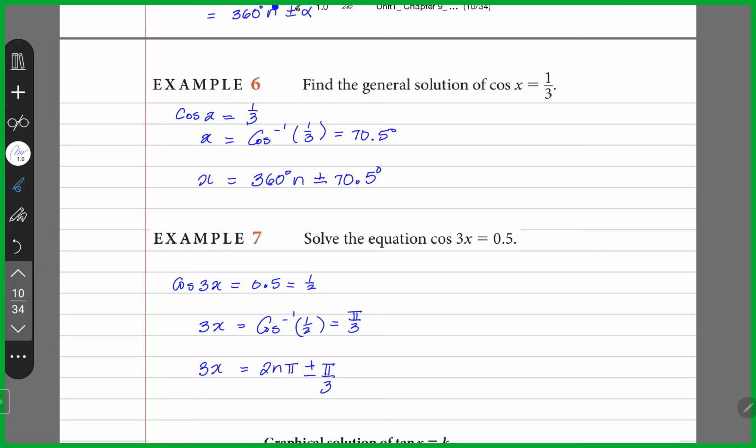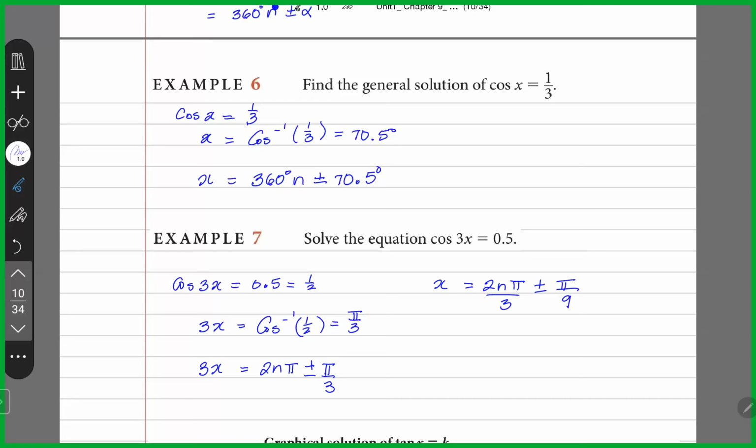But we don't want the general solution for 3x. What we want is the general solution for x. So all I would do now is just divide the entire equation by 3. And if I did that, I'm going to get x is equal to 2n pi over 3 plus or minus pi by 9.